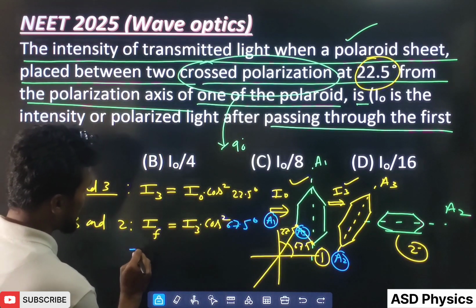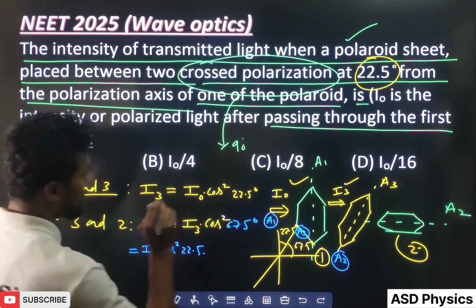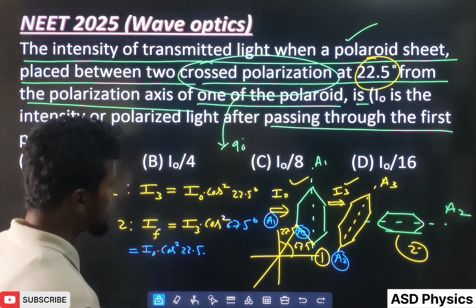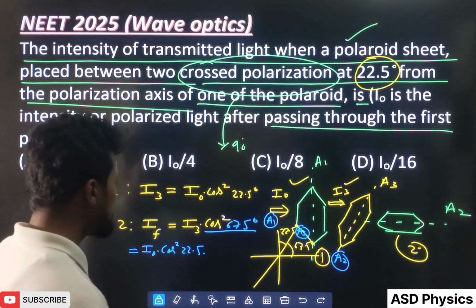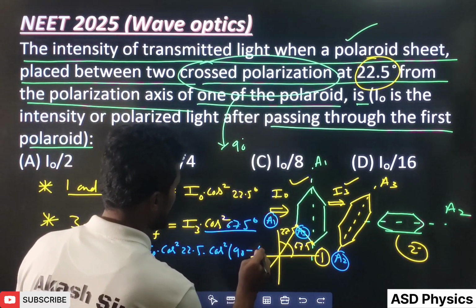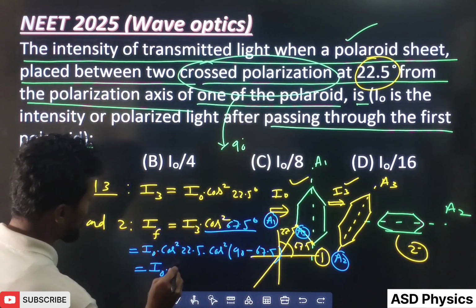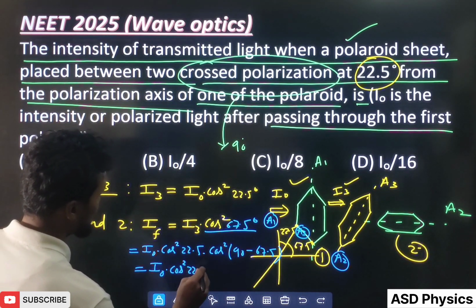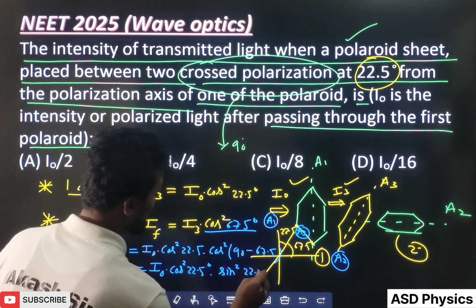So now after that we can write here I3 value, see, I0 cos square 22.5 degree and cos square 67.5. You can use the formula cos of 90 minus theta is sin theta. Okay, so you can write here like this, cos square of 90 minus 67.5. So it will become I0 cos square 22.5 degree dot sin square 22.5 degree.